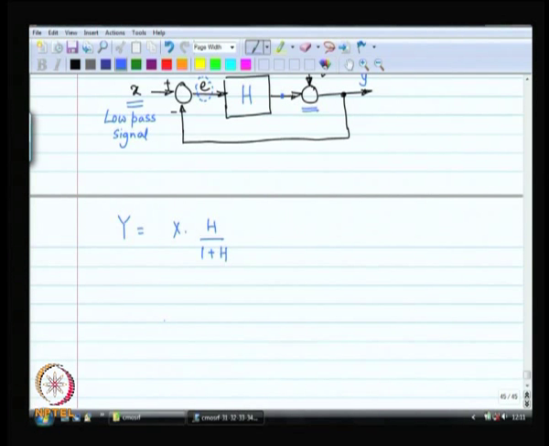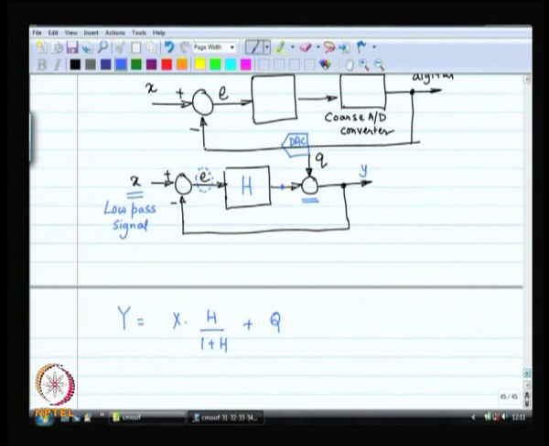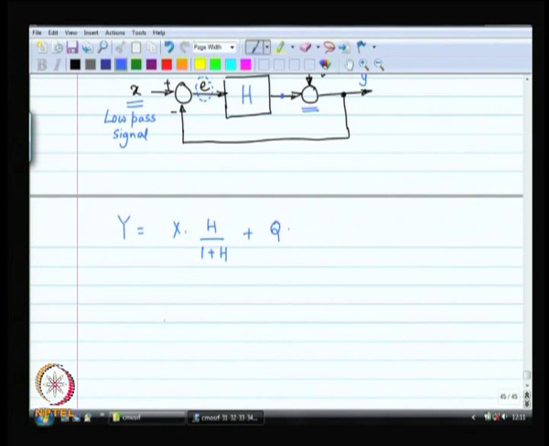Loop gain is equal to minus H, plus Q, that is the quantization noise you have added, times 1 by 1 plus H. Forward gain is 1 and loop gain is minus H. So, this is the characteristics of Y.